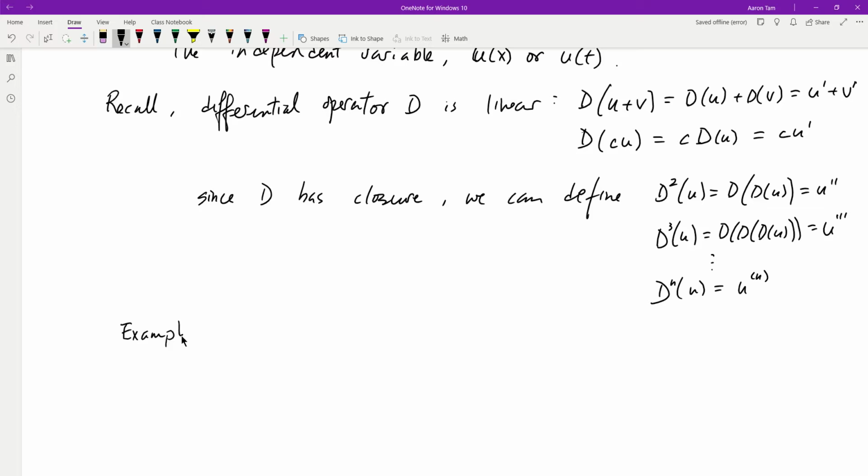Now, with that being said, now we can define some examples of differential operators. These are custom differential operators, meaning that they're not just d, but they have other things to it. Or maybe I should say examples of linear operators using d.